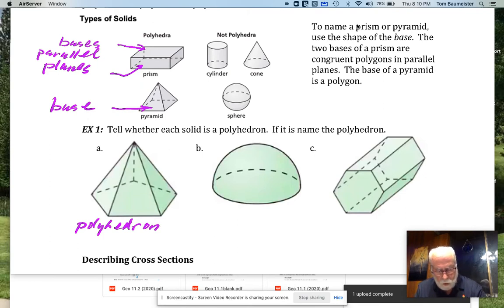If we look at the bottom, if you notice, I just drew 5 of them there. So it's a pentagon. And so you would say it's a pentagonal pyramid.